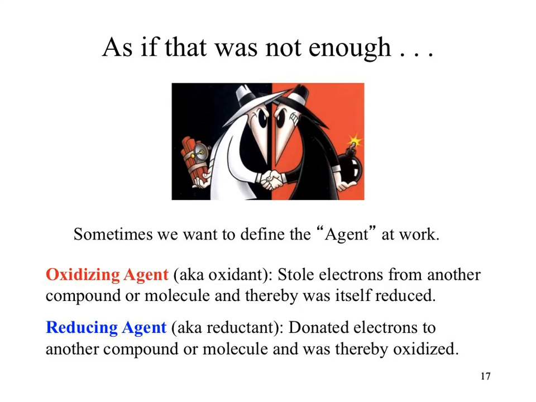Okay? So when we say oxidizing agent, most people tend to think, oh, oxidized, because it says oxidized in the name. It must be oxidized. No, what does an oxidizing agent do? Causes something else to be oxidized, which means what happened to it? It had to be reduced.